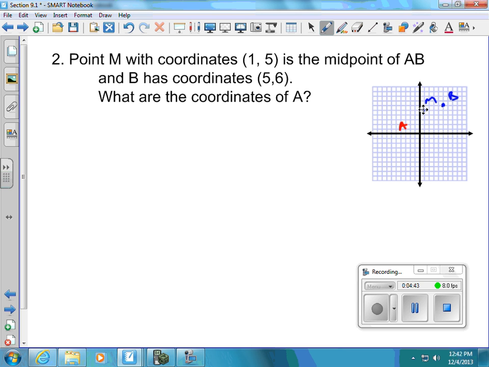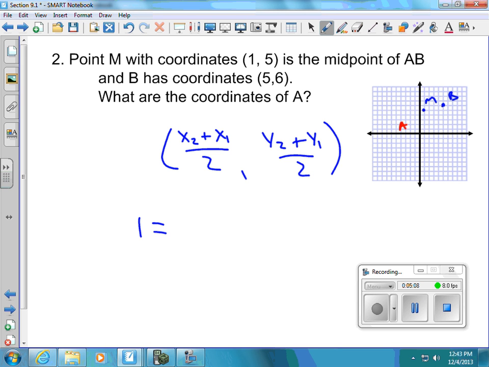So our midpoint is 1, 5. So our midpoint formula is x2 plus x1 or vice versa over 2, and y2 plus y1 over 2. It doesn't matter whether we write y1 or y2 first, or x1 or x2 first. So let's use that to our advantage. We know the x-coordinate of the midpoint is 1.